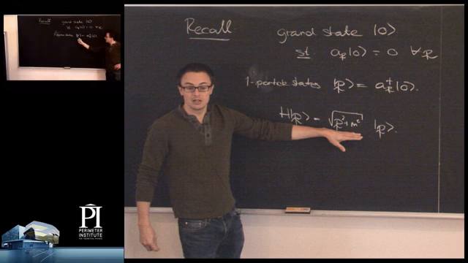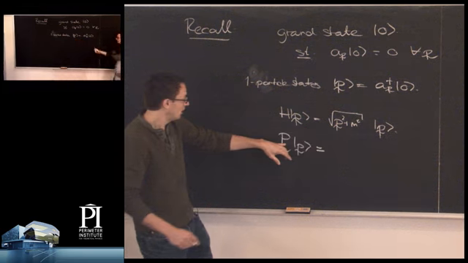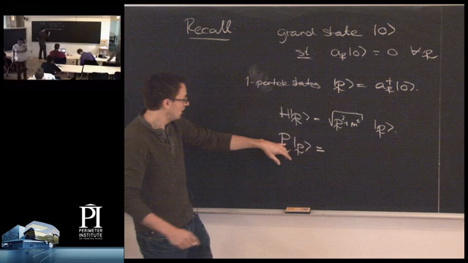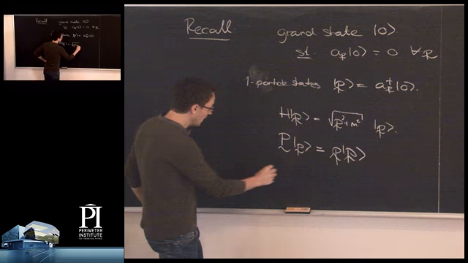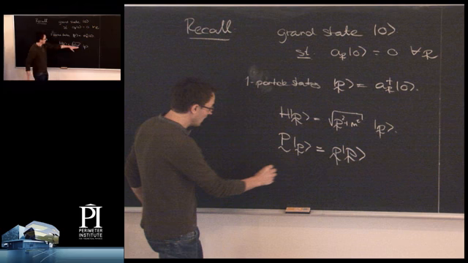And we started convincing ourselves that this does indeed have all the properties that we would expect from a single particle state. In particular, the energy of this particle, we learned, was the square root of p squared plus m squared. So it's got the energy that's expected of a relativistic particle of mass m with momentum p.